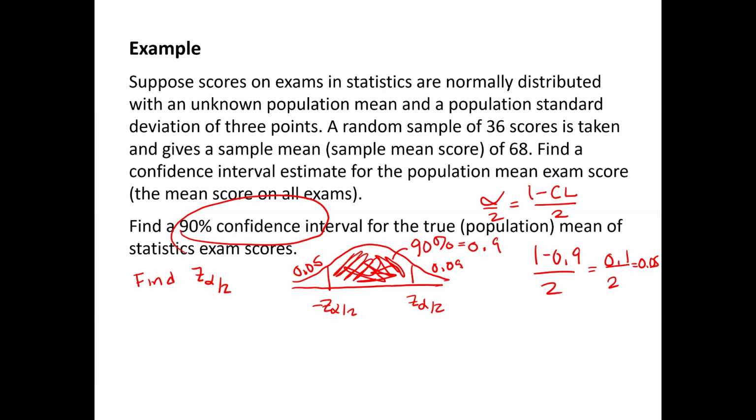So what's Z sub alpha over 2? An inverse normal? Area to the left is what? 0.95? Right? Got 90% in between. We got 5% over here in the tail. So is it 0.95? 0, 1? What do you get?